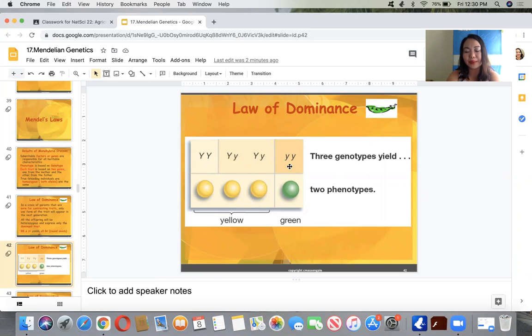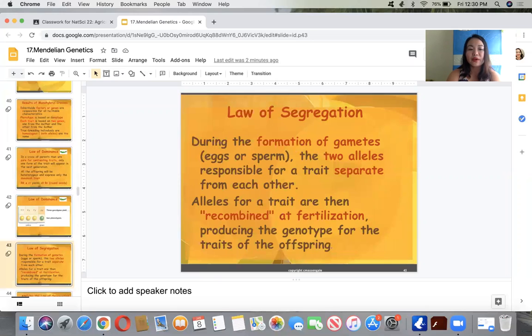Another law that Mendel proposed is the law of segregation. During the formation of gametes, eggs or sperm, the 2 alleles responsible for a trait separate from each other. The alleles for a trait are then recombined during fertilization, producing the genotype for the traits of the offspring.